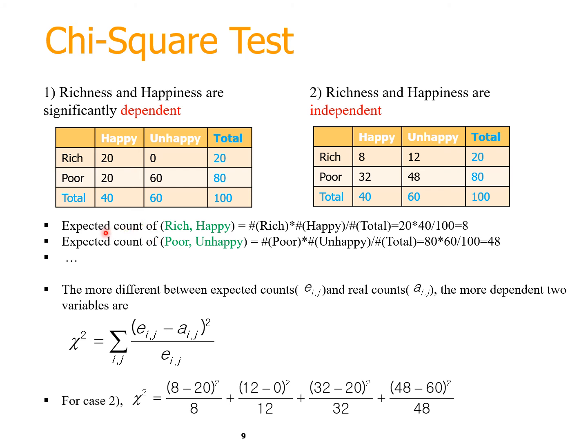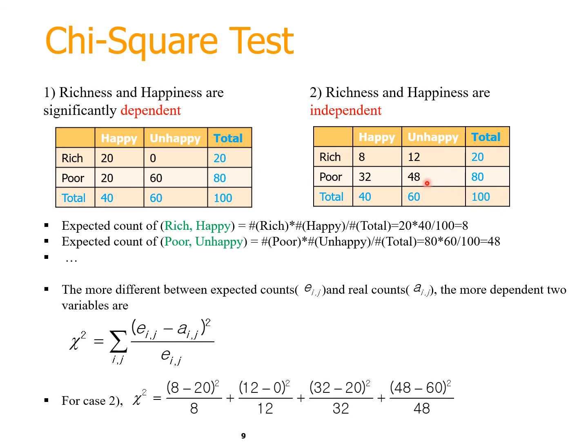So by the way, this is the way we compute the expected value of each value, the expected count. In this case, the expected count of rich happy can be computed by 20 times 40 divided by 100.